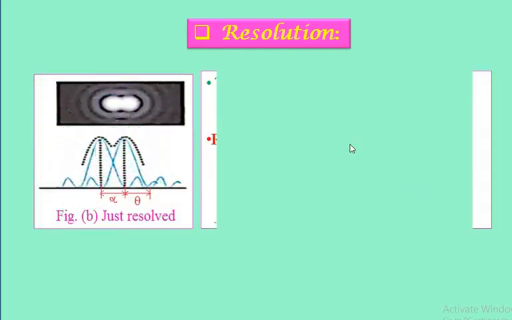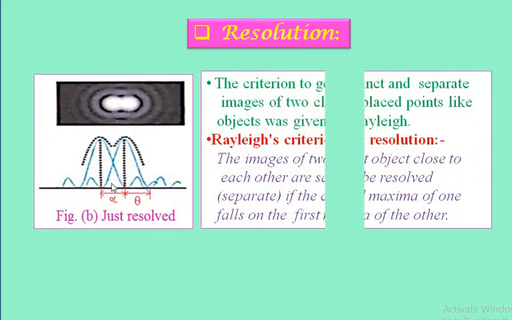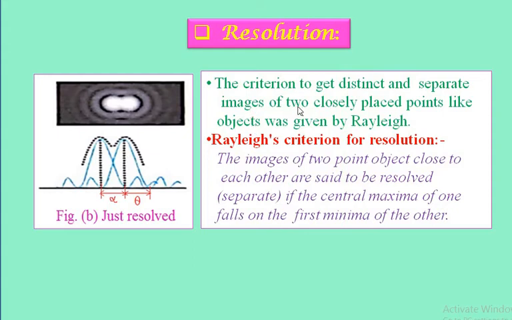Then consider the diagram for the resolution. The criterion to get distinct and separate images of the two closely spaced point-like objects was given by Rayleigh. Rayleigh is the name of a scientist, and this is Rayleigh's criterion for resolution.